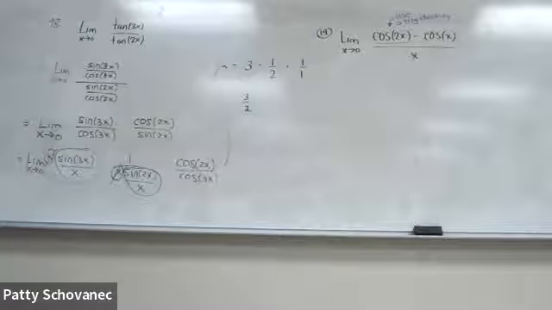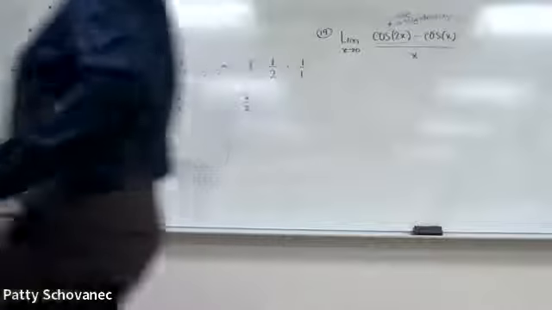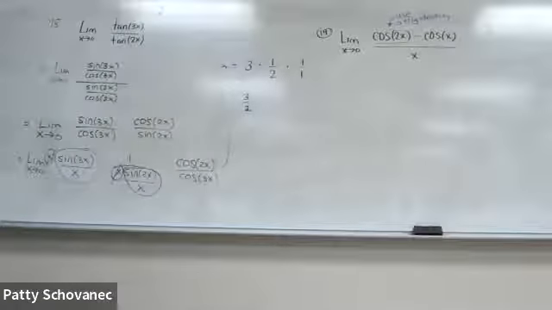I looked at some trig identities the other day. They were kind of useful. One of them would be useful here. The multiple angle, which is the double angle formula for the cosine. You have that written down somewhere?